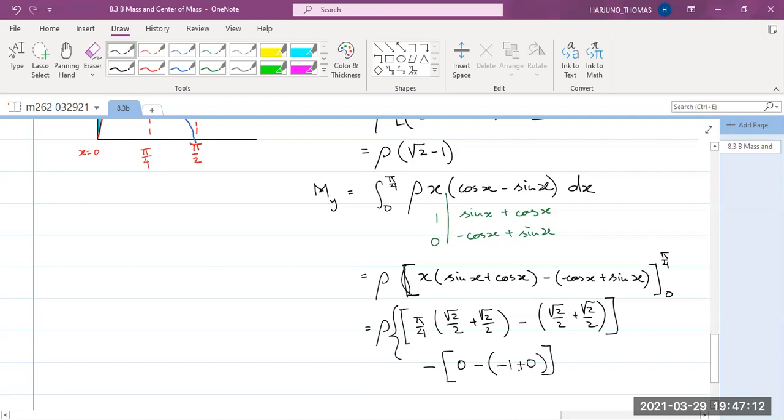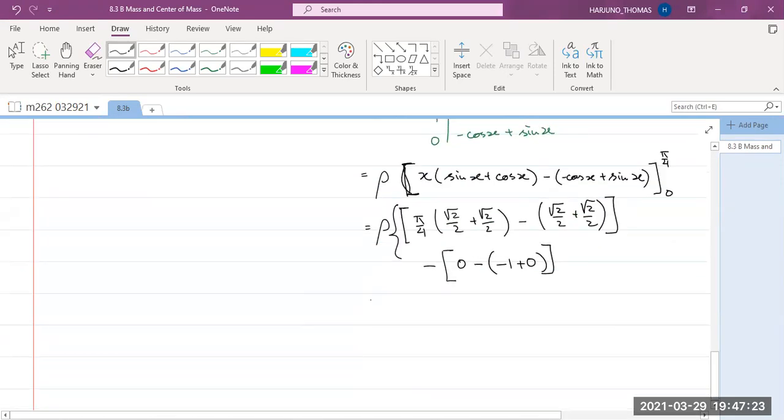Am I okay? Now on the top, I will get rho times radical 2 pi over 4 minus radical 2 minus 1. Let's do the LCD, maybe it's helpful.